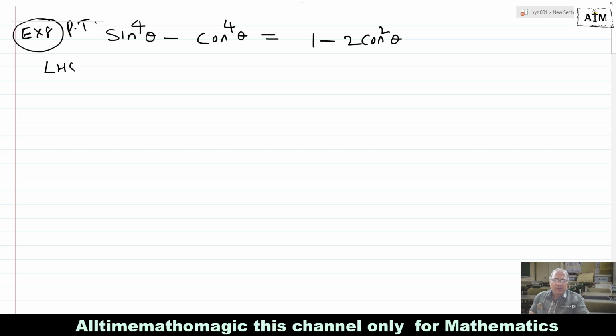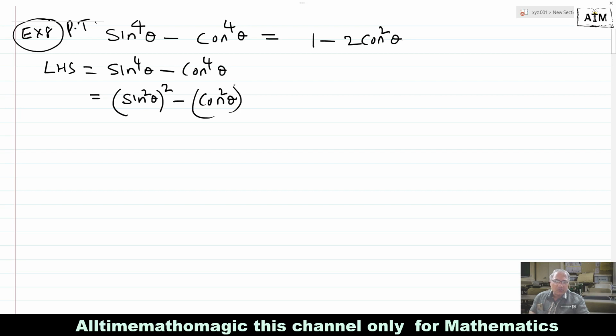Like here, what to prove? Sin raised to 4 theta minus cos raised to 4 theta equals 1 minus 2 cos square theta. First of all, I take LHS. LHS equals sin raised to 4 theta minus cos raised to 4 theta. Then this can be written as (sin square theta) whole square minus (cos square theta) whole square.